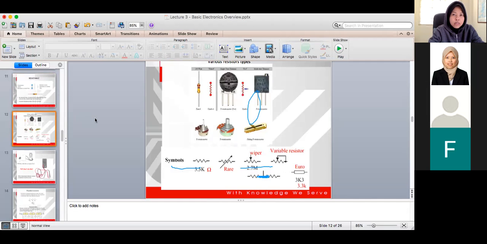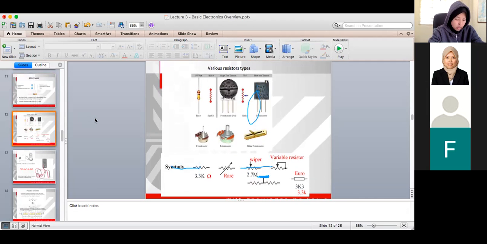So resistors have many types, various types of resistor. I think the simplest one you've seen in the lab exercise is this kind of resistor. There's a lot. I don't know whether you guys have reached that session yet. There's another lab next where you will use a variable resistor, or what we call a potentiometer.